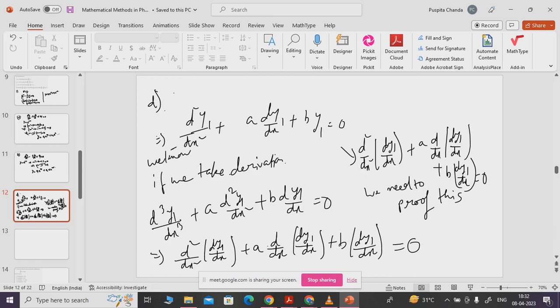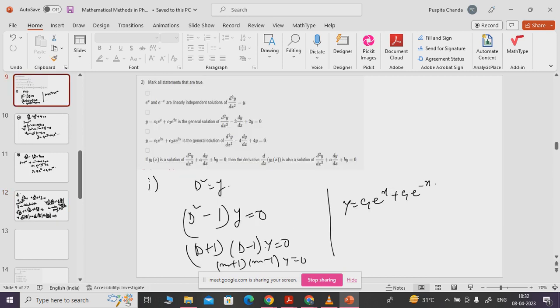So we can say if y1 is a particular solution of the equation, then the derivative is also a solution. So we can remember it also as information. So all these are true.